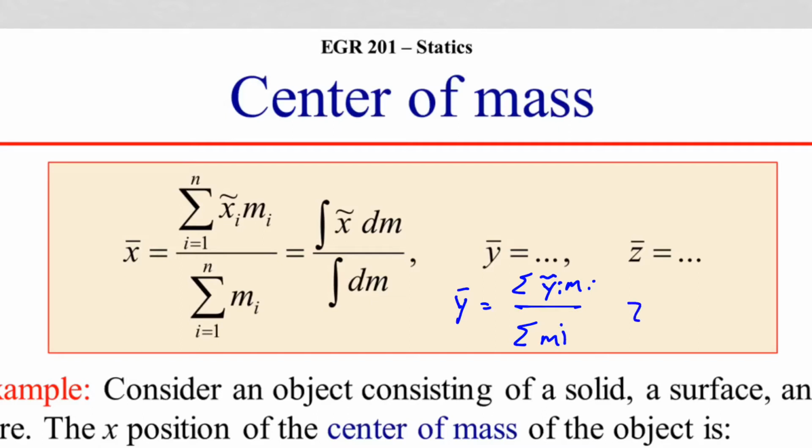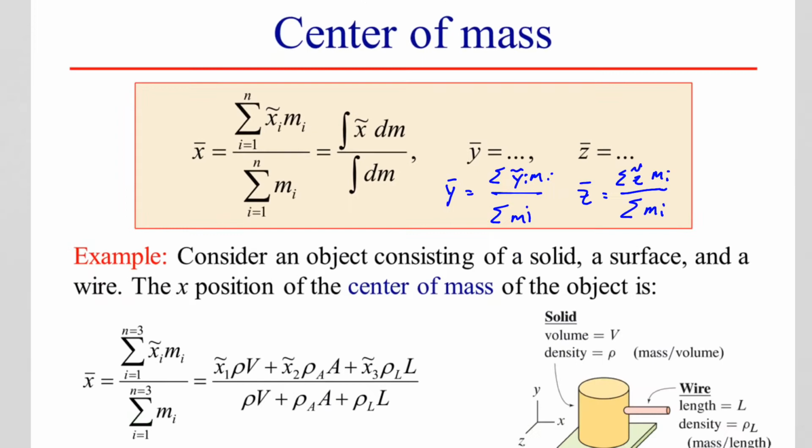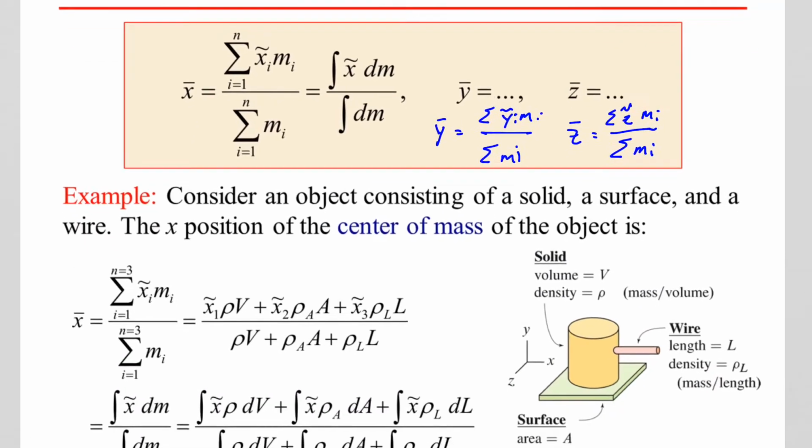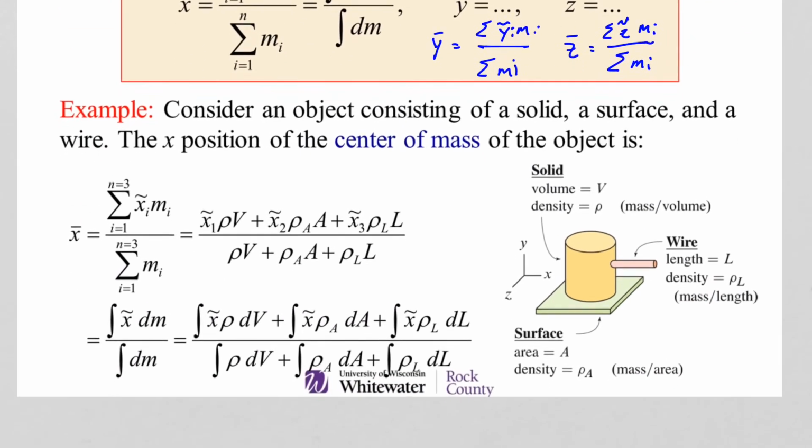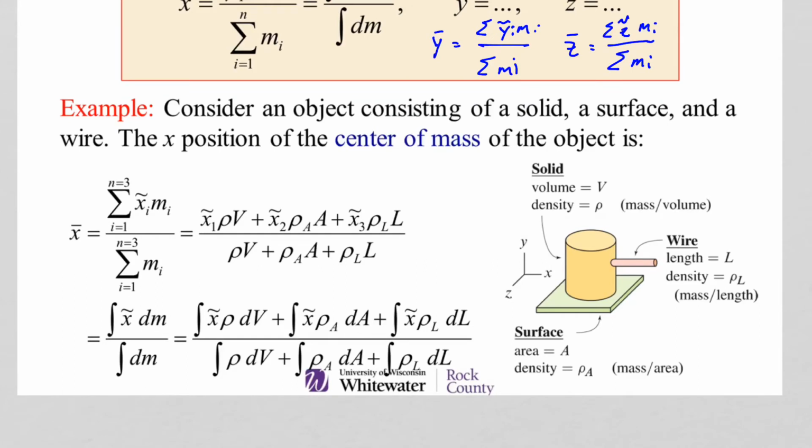And then our z bar, the center for the z direction, is the sum of our z tildes times the individual masses divided by, again, the sum of the whole masses. Okay, so those are the equations, and again, primarily we will concentrate on looking at the formulas themselves of composite shapes.